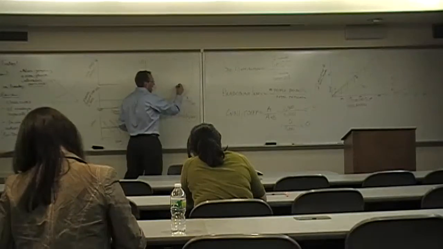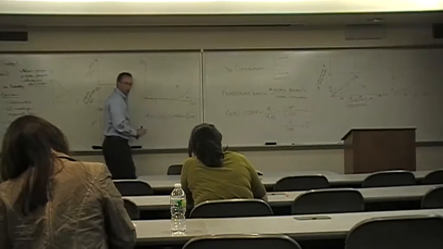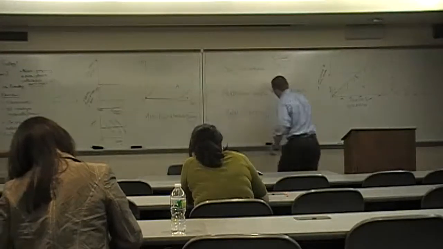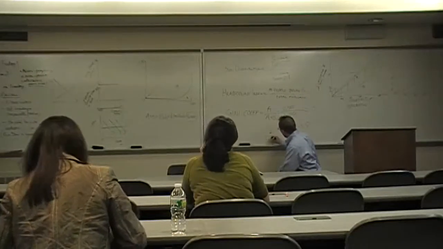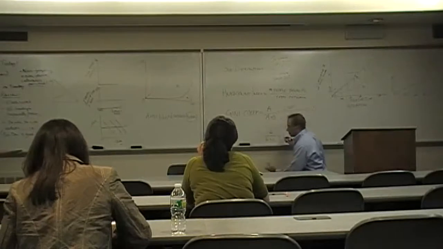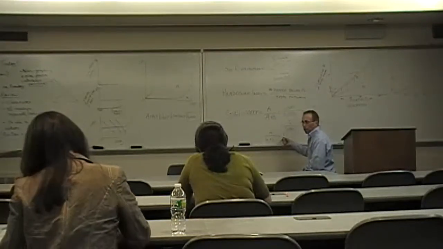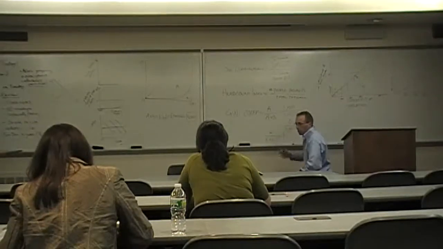So A is enormous and B is almost nothing. So if B is effectively 0, then I have A over A plus 0, which is the same as 1. So that's why if you've got inequality, your Gini coefficient is close to 1. If you've got equality, it's close to 0.